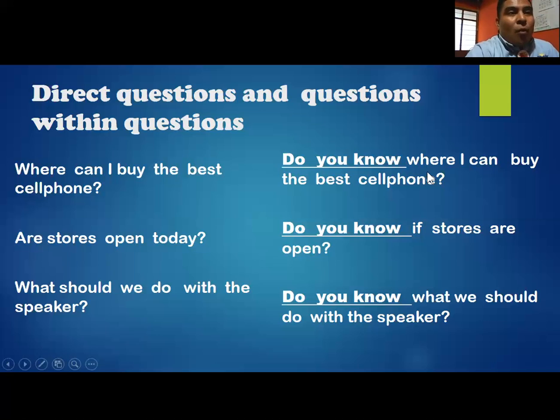For example, do you know where, voy a cambiar el sujeto primero, voy a poner el sujeto primero y después voy a poner el auxiliar que aquí estaba al principio. Where I can buy the best cell phone. The clue here is to change the subject first, and then you are going to use the auxiliary.